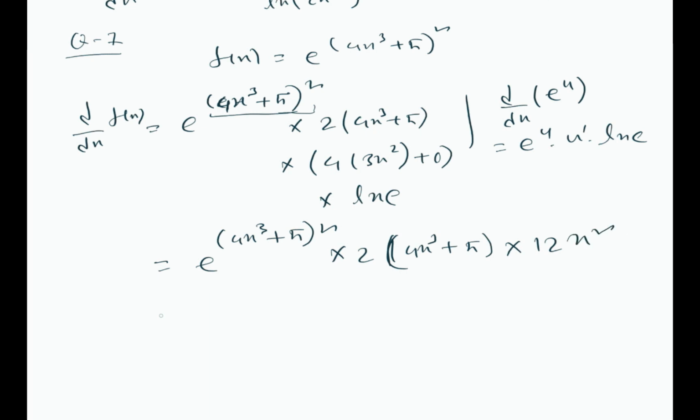So the final answer can be 12 times 2, 24. So 24x squared into (4x cubed plus 5) into e to the power (4x cubed plus 5) all to the power 2. So this is the answer for this question.